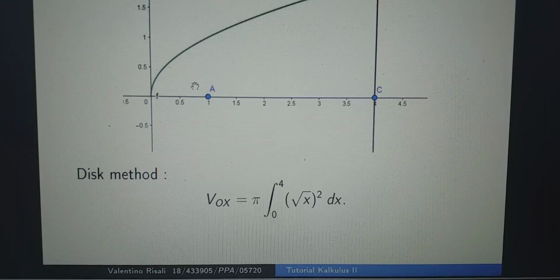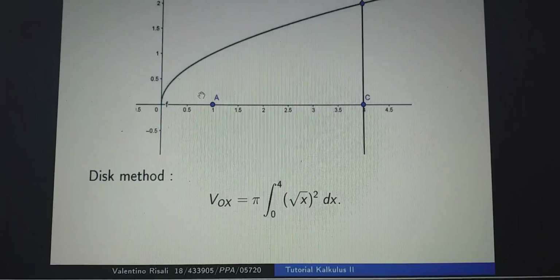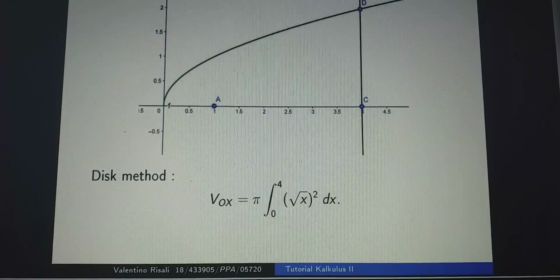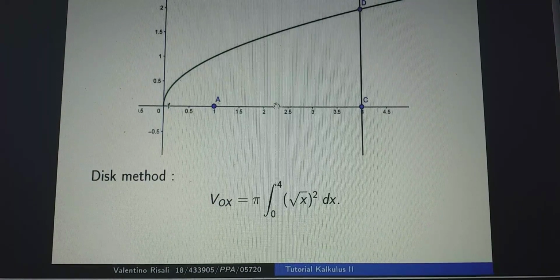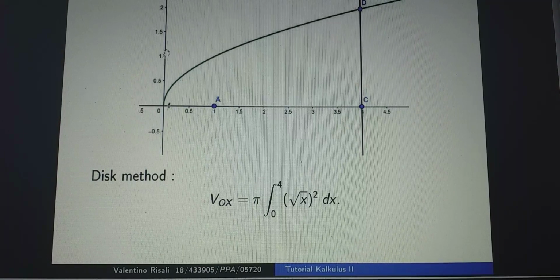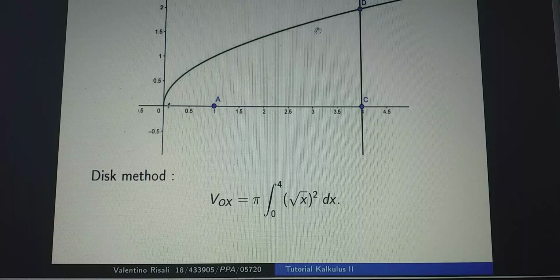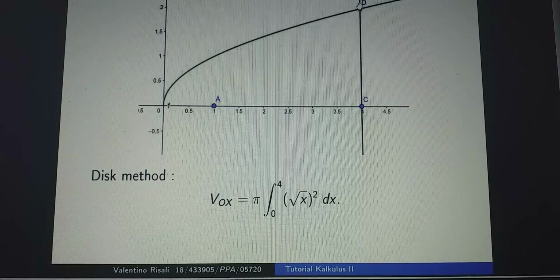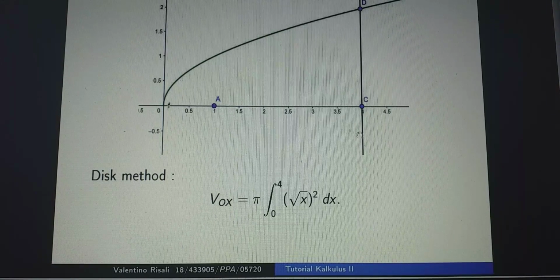First we will sketch the graph. Like this. This is the curve y equals square root of x. This is the x-axis, and from x equals 0 this line, to x equals 4 this line. And the region D is this region.